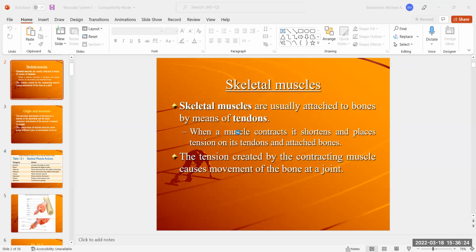And here's essentially how this works. At the motor end plate you have a variety of nicotinic acetylcholine receptors. These are ligand-gated ion channels. When they bind acetylcholine, they open, and sodium comes in.